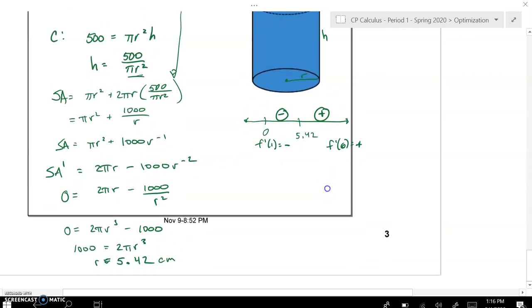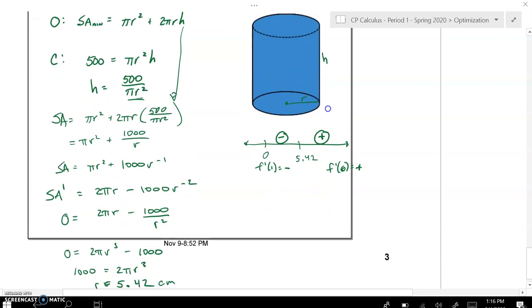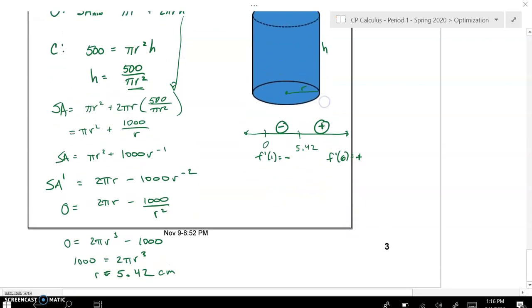Okay, so remember, I'm trying to minimize surface area. So I have to test and see that 5.42 is an actual minimum value. How do I do that? Again, my number line with my first derivative to see that I'm going to be decreasing to increasing. When I did that, I tested a point between 0 and 5.42, and I used 1, and I got a negative number there.